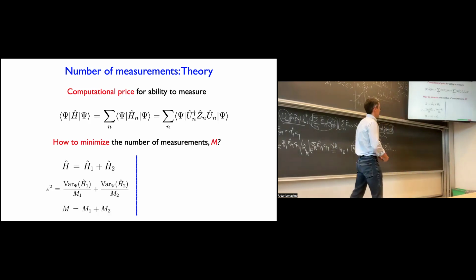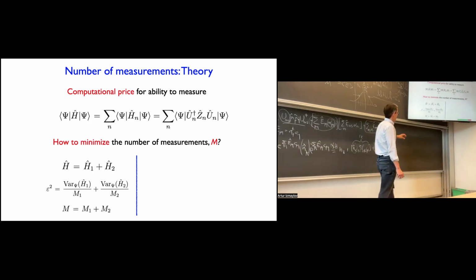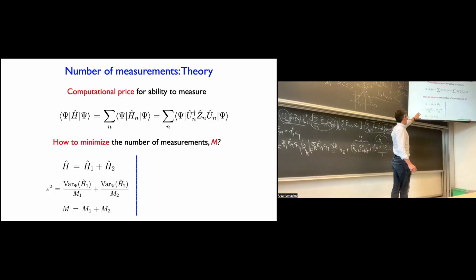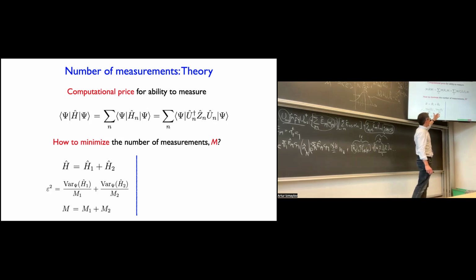Let's start with a simple example. Imagine the case where your H could be split in two, H1 and H2, which are the measurable fragments. And the question is, what's the error in the process if you obtain the expectation value of H1 with M1 measurements and H2 with M2 measurements?